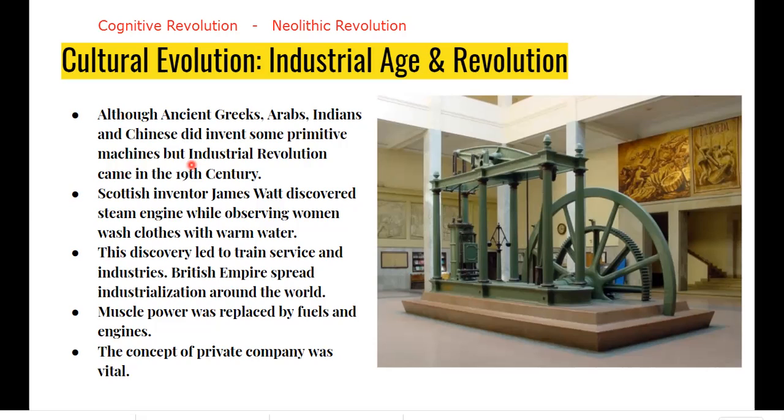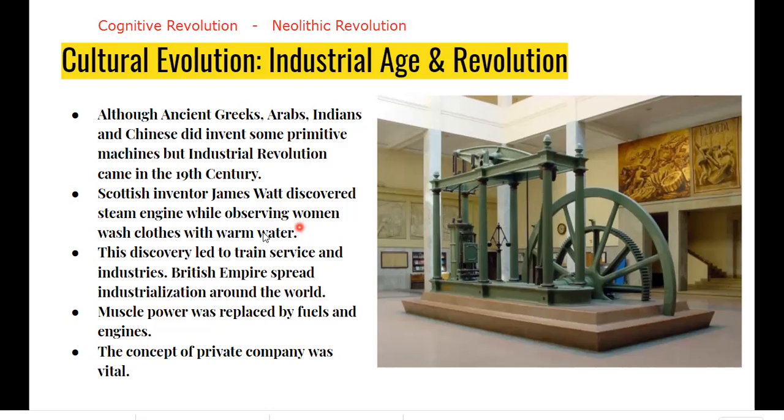A Scotsman named James Watt, you must have heard that the watt is the unit of electrical power. It is named after this Scotsman from Scotland. He was observing some women washing clothes with water, and he saw that steam could actually move the towel.